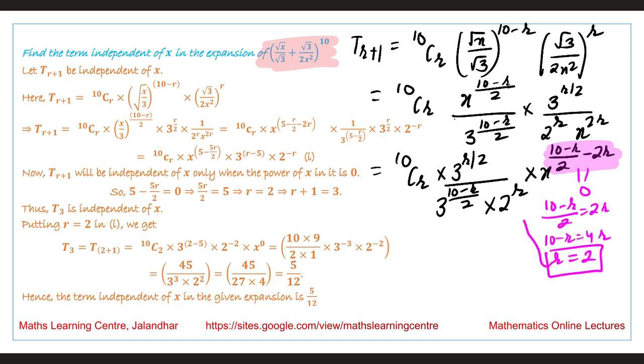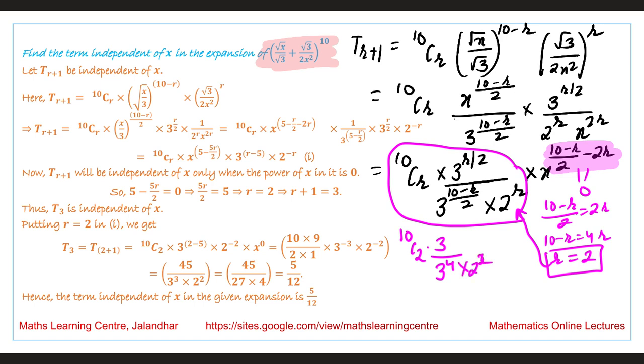Now if we substitute r is equal to 2 in this term, the answer we obtain is 10C2, 3 raised to the power 1 divided by 3 raised to the power 4 into 2 raised to the power 2.